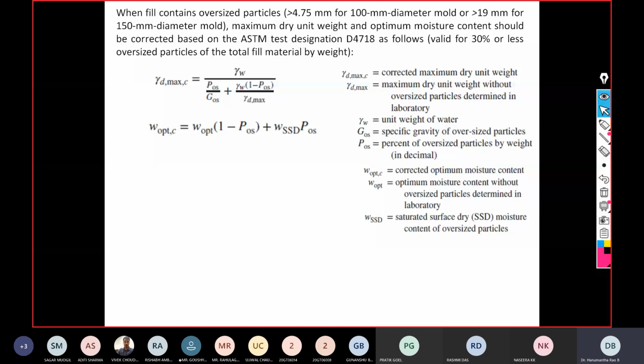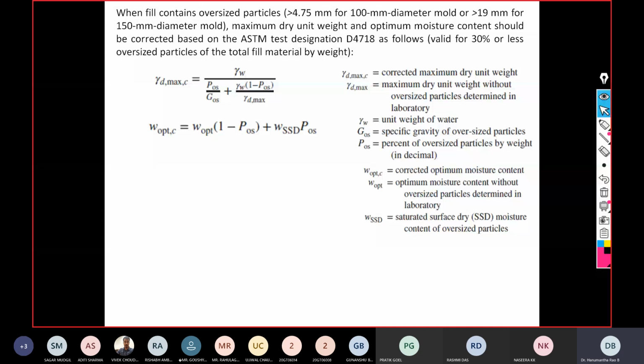Then W opt corrected is W opt into 1 minus POS plus WSSD, where WSSD is the saturated surface dry moisture content of oversized particles, multiplied by POS, the percentage of oversized fraction. But this is valid only when you are dealing with oversized particles, where the particle size is above 4.75 millimeter or above 19 millimeter.